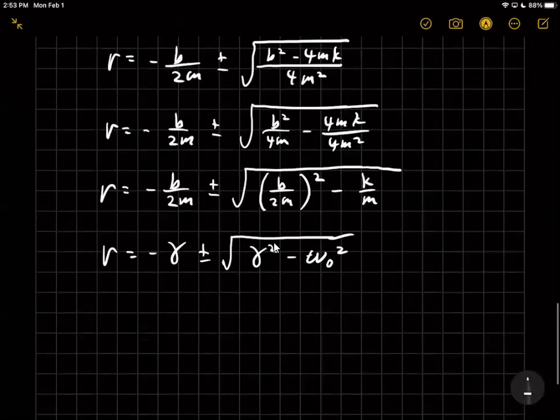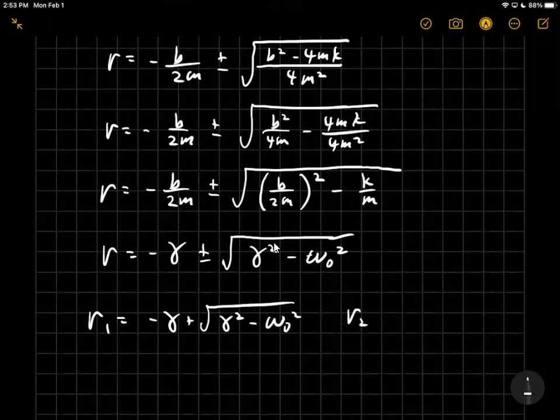So if we look at this, R1 is just going to be negative gamma plus the square root of gamma squared minus omega naught squared, and R2 will be negative gamma minus the square root of gamma squared minus omega naught squared. All right, that's the end of the proof.